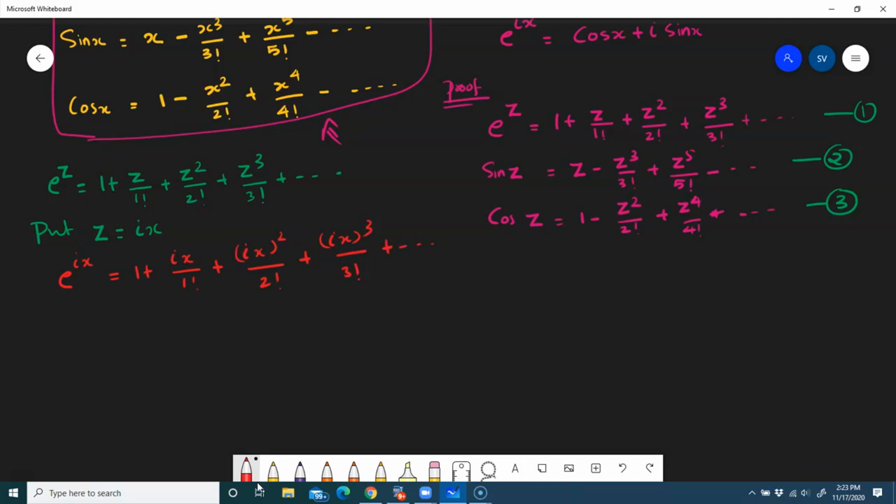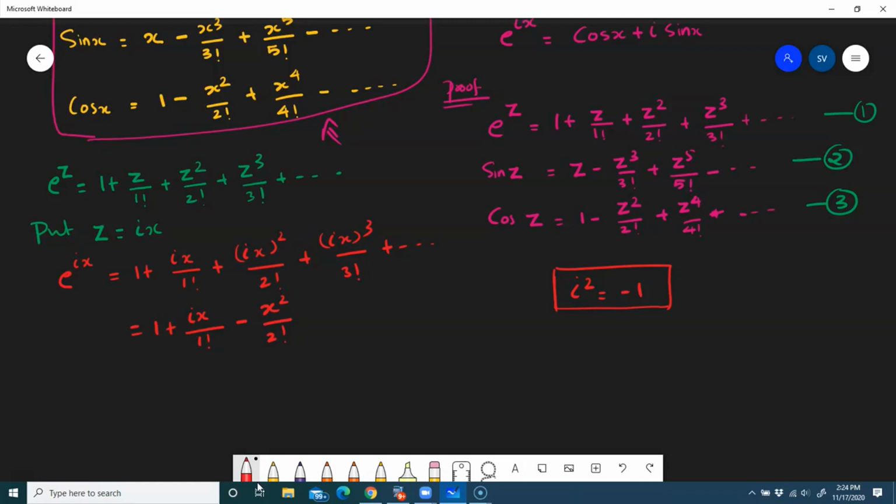As you know, i square is equal to minus 1, a value you discussed in your complex number classes. So we can rewrite this as 1 plus ix by 1 factorial, and this is i square x square; i square is minus 1, so minus x square by 2 factorial.